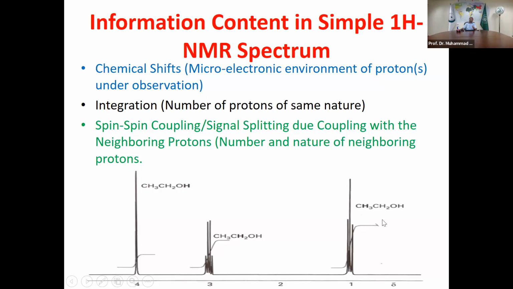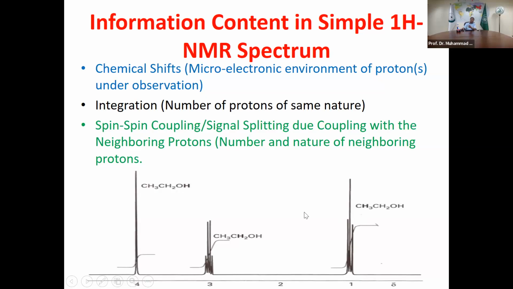Now in a proton NMR spectrum, integration is actually written down as a number, as an integer. But actually this is the area under the peak, which represents the number of protons present.